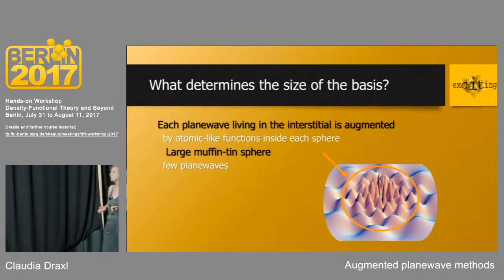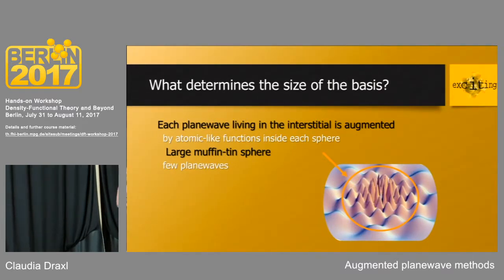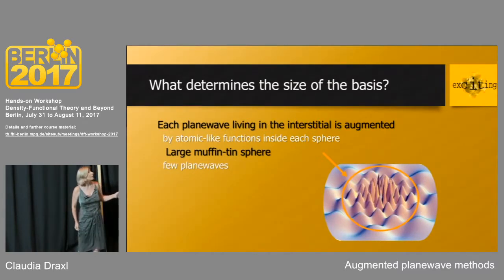If you think of plane waves, of course, the basis size is determined by the plane waves, and you need many of them. Unfortunately, and this makes our method costly, our matrix size is also determined by the plane waves, because each plane wave, as I said, coming in is augmented by these atomic functions.